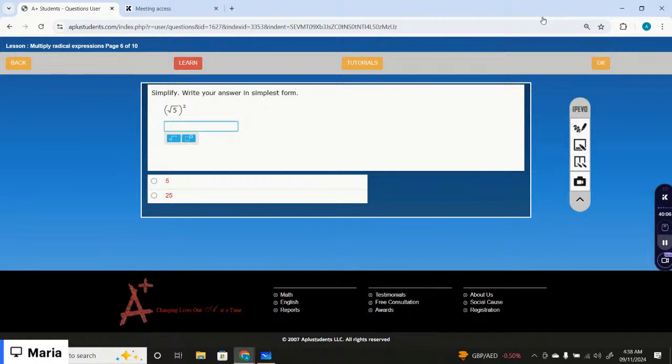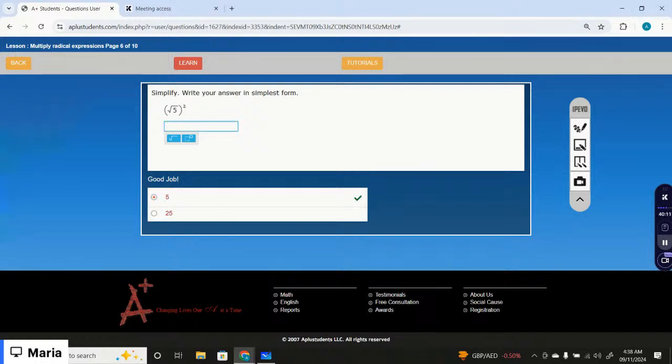Square root 5 square. Option number 1 is the correct option. 5 it is.